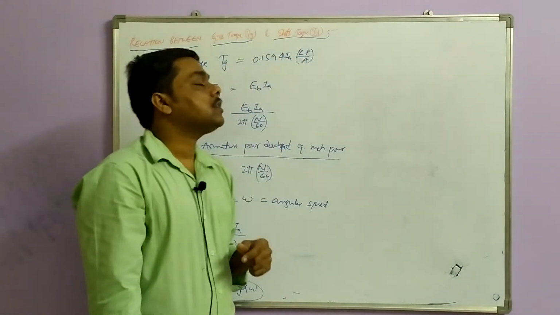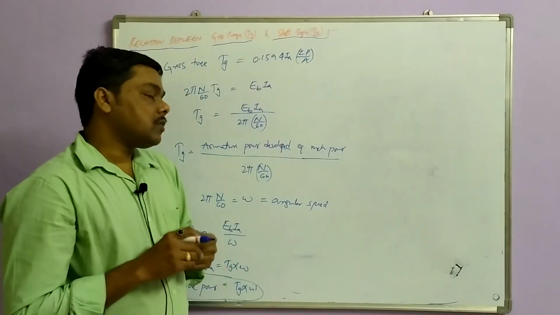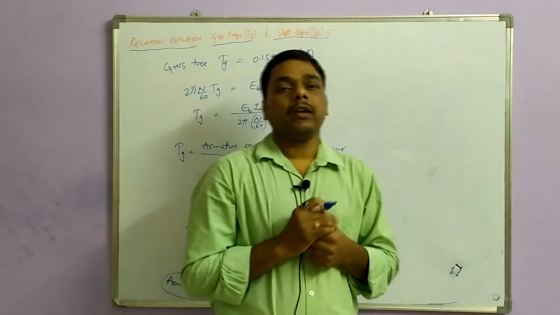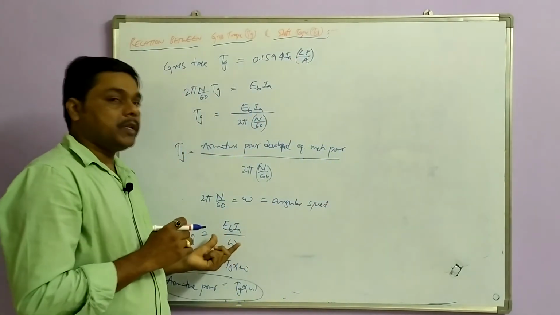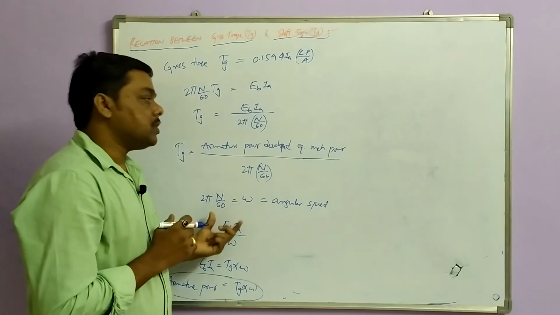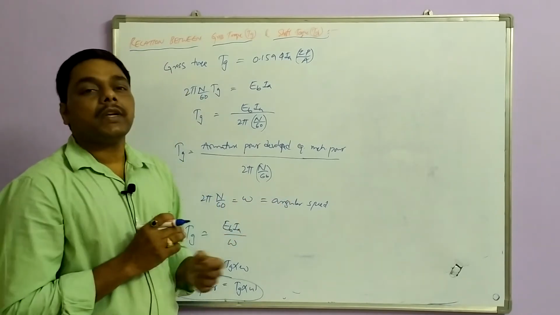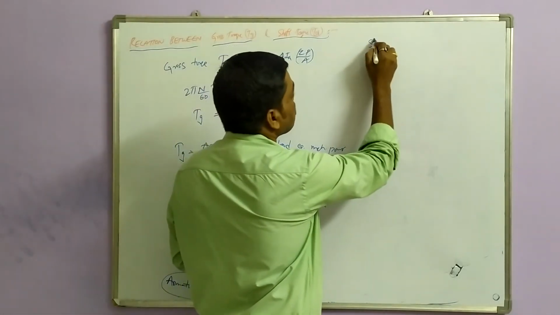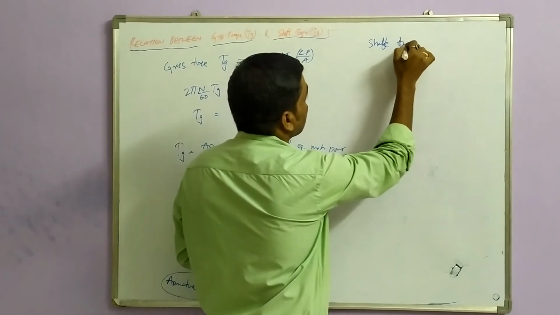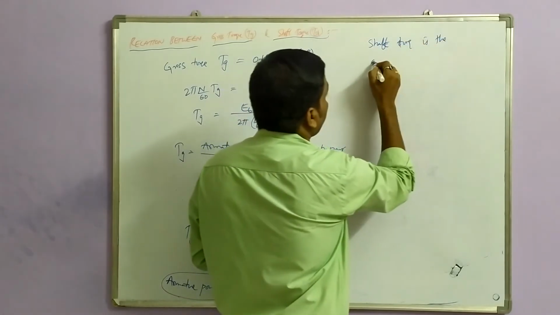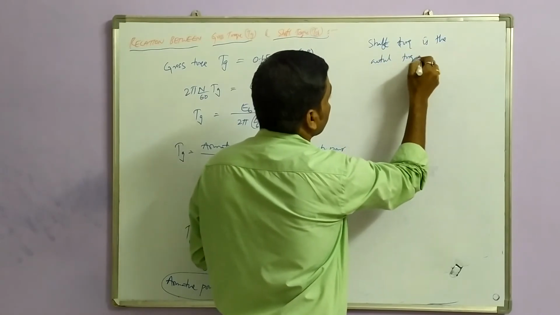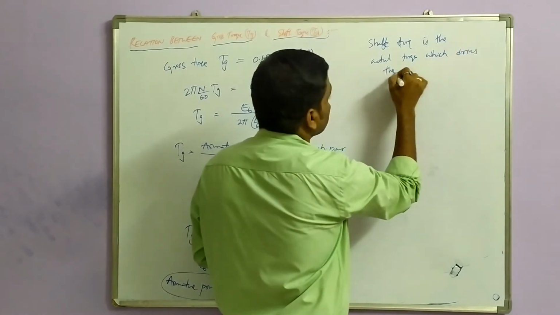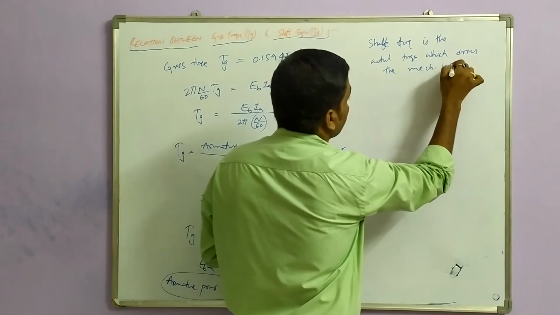Now we will go for the shaft torque. So what is shaft torque? Shaft torque is the actual output torque where you are driving the mechanical load. This torque is related to armature, gross torque. So from this you deduct some losses, and we will get the actual shaft torque. So shaft torque is nothing but the actual torque which drives the mechanical load.